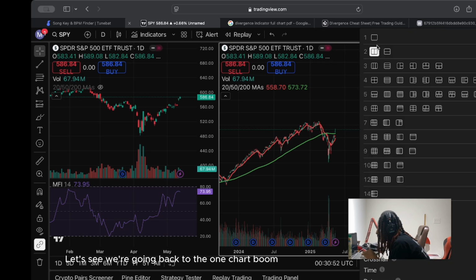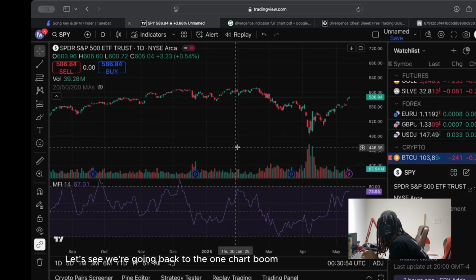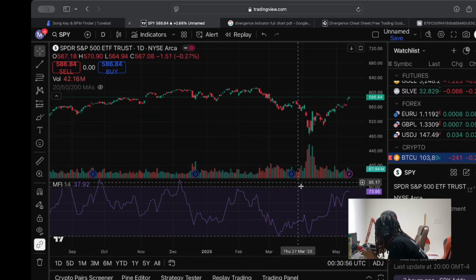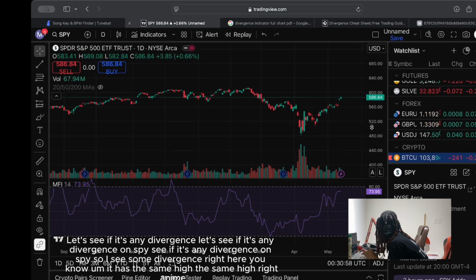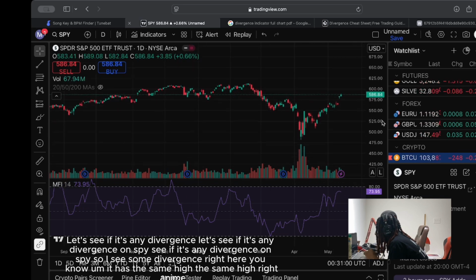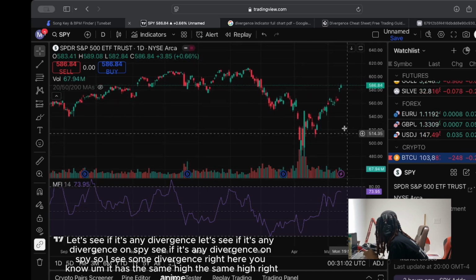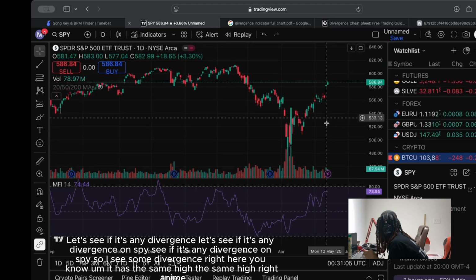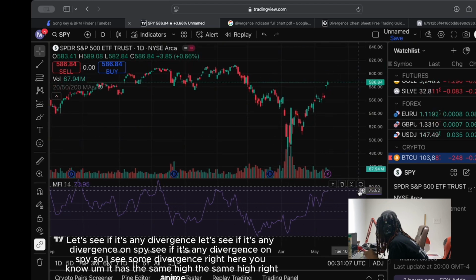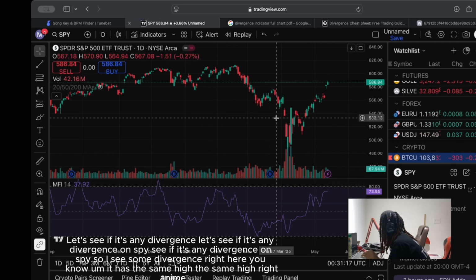Going back to the one chart. Let's see if there's any divergence on SPY. I see some divergence right here. It has the same high, right?